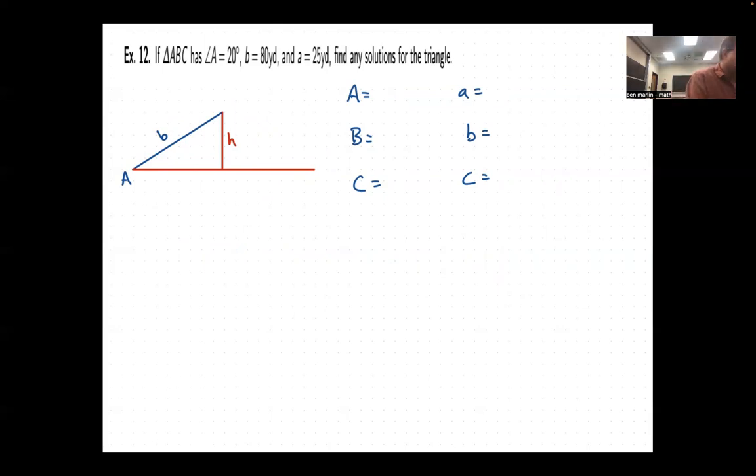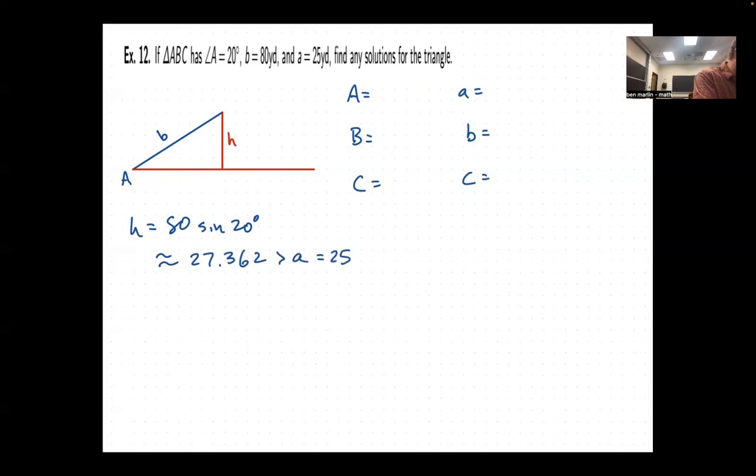All right, now you're back. We're going to figure out what our H is, and it needs to be 80 times the sine of 20 degrees. And so I'm going to get that. And I'm getting 27.362-ish. And again, we have the setup that that is more than our value for A, which was 25.